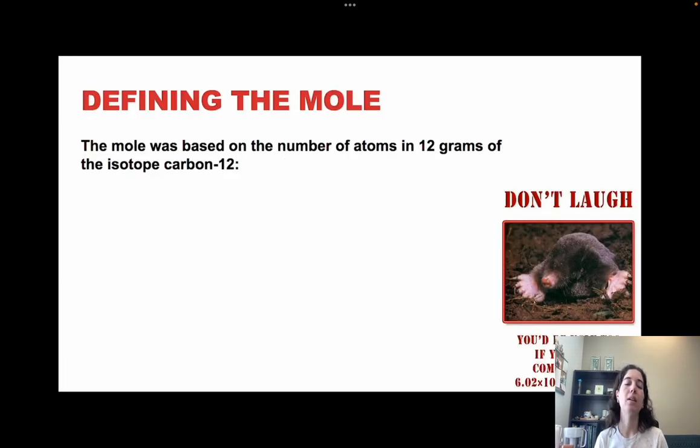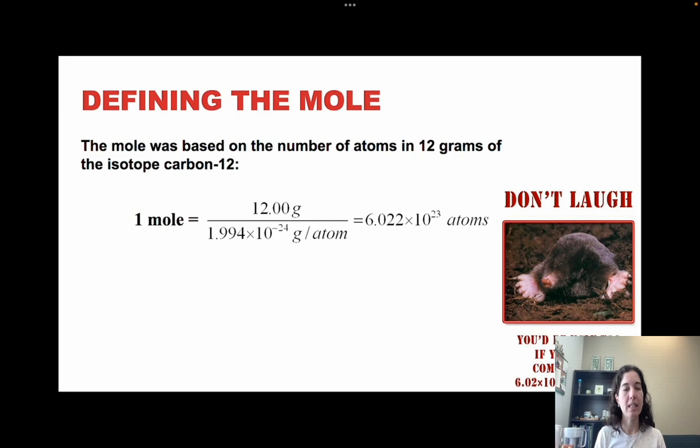So the mole was defined on the number of atoms in 12 grams of the isotope carbon-12. So not the average carbon, but carbon-12, the one that weighs 12.0 grams per mole. So what scientists did is they defined it based on a quantity. So 1 mole is equal to 12 grams of carbon-12, and they found the mass of each of those atoms, and they're saying that it's 1.94 times 10 to the minus 24.